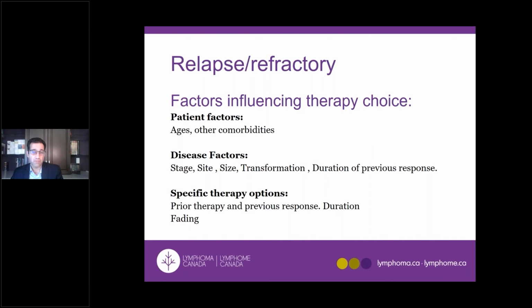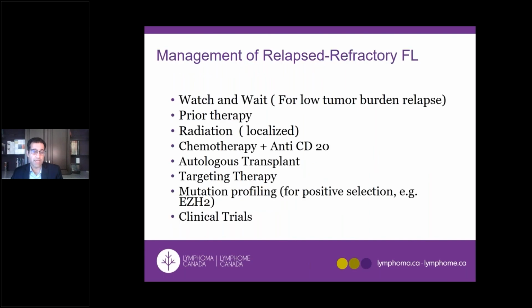The options for management of relapsed follicular lymphoma are either watch and wait; we can give the same prior therapy if the patient responded well and spent a good 2 years without disease; radiation if localized disease; chemotherapy and anti-CD20 as we mentioned; autologous transplant; targeted therapy as we mentioned; based on mutation profile, we can give anti-EZH2 for mutation; and clinical trial as well.